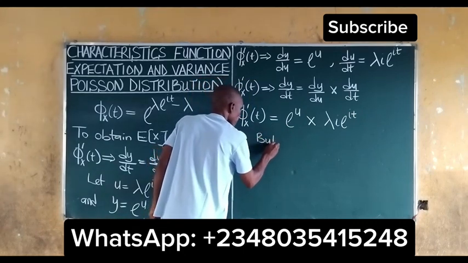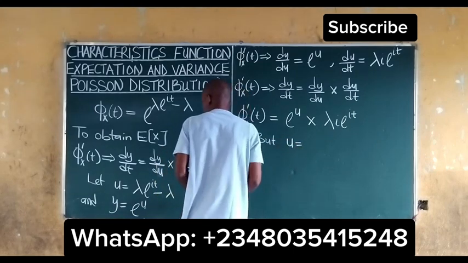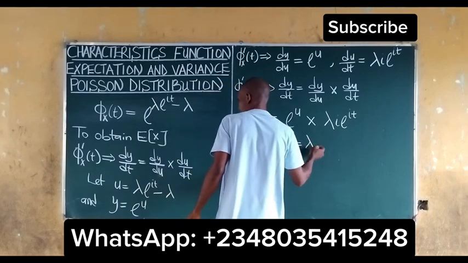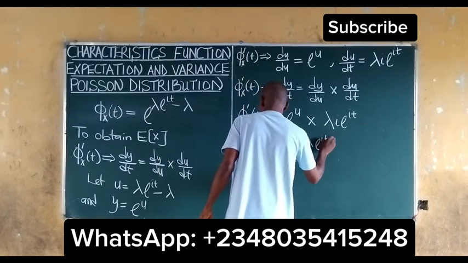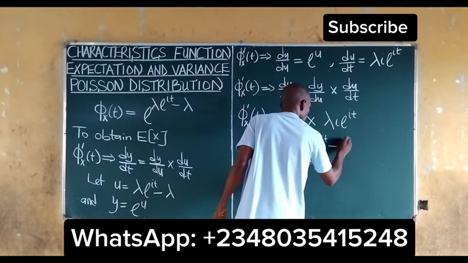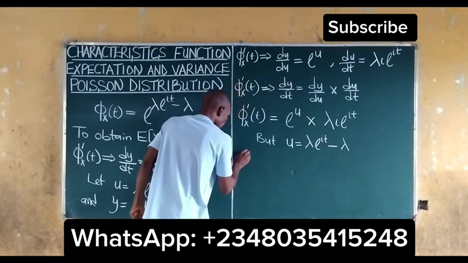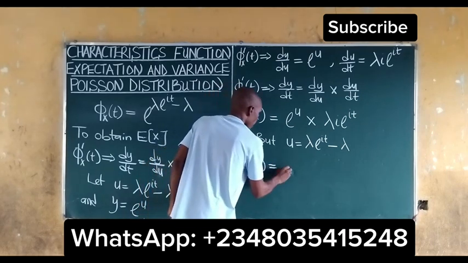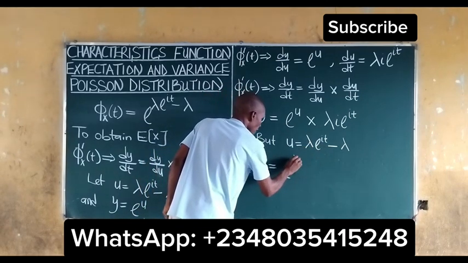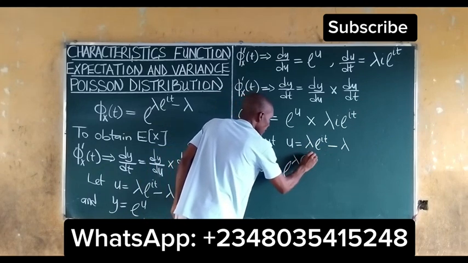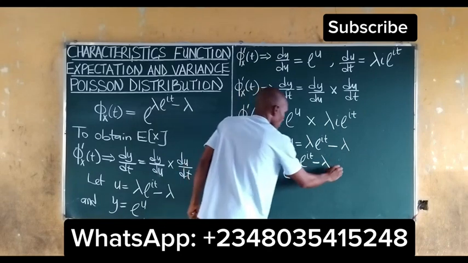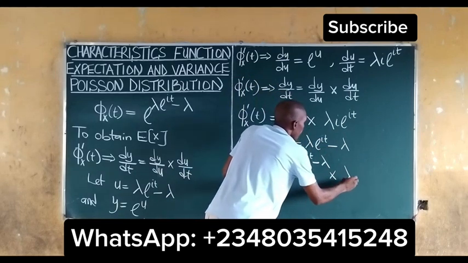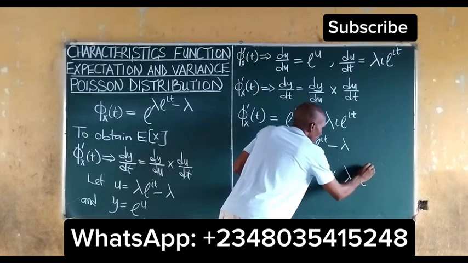But our u is equal to lambda e^(it) minus lambda. So our first derivative is exp(lambda e^(it) minus lambda) multiplied by lambda i e^(it).